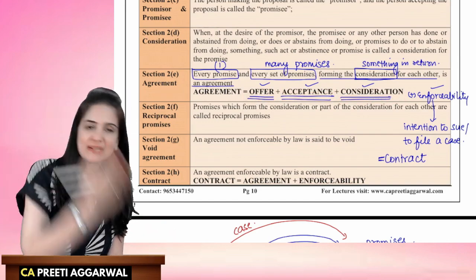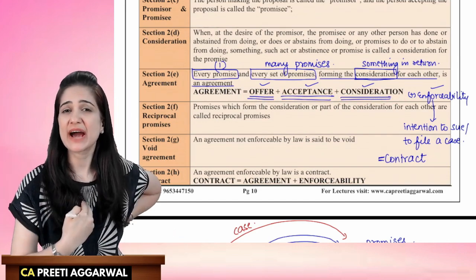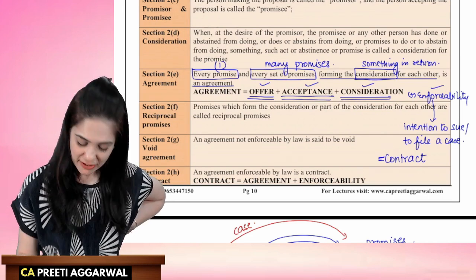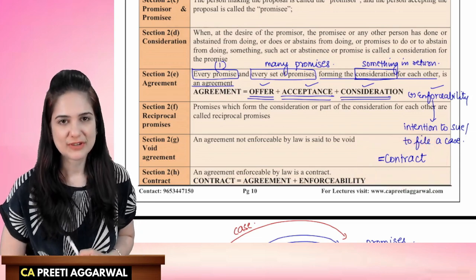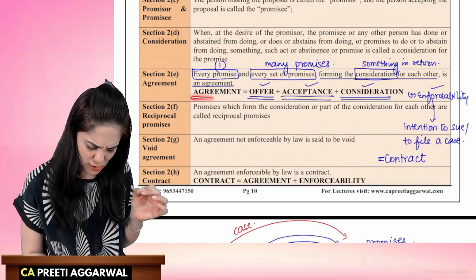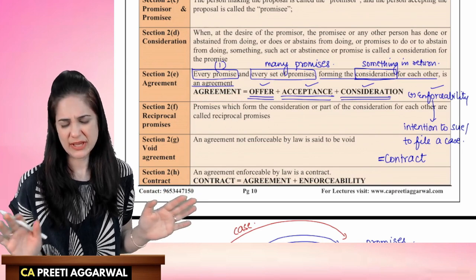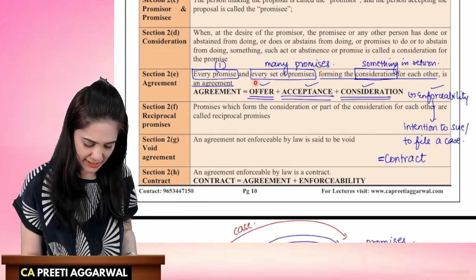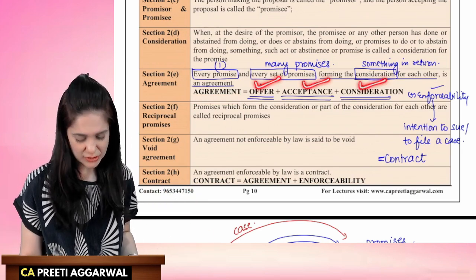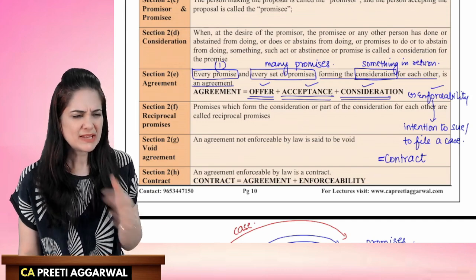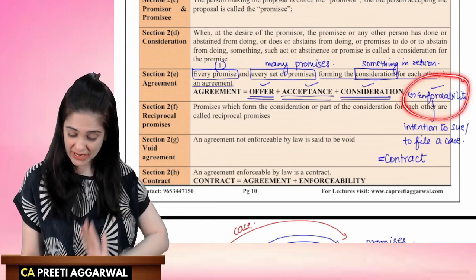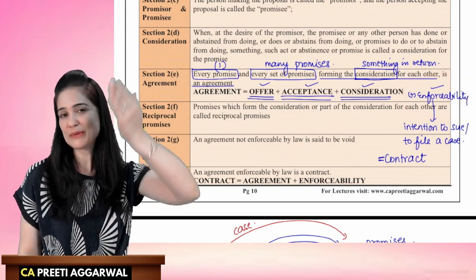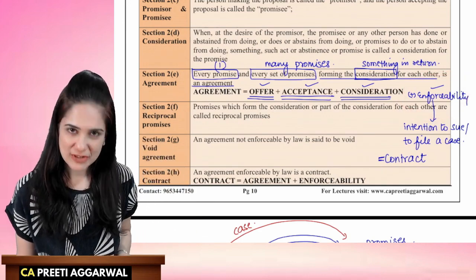When I add the element of enforceability, means I can file a case, then it becomes a contract. See, in case of an agreement, there is offer, acceptance, consideration. Parties cannot file a case. But if I can file a case, then that agreement becomes a contract.